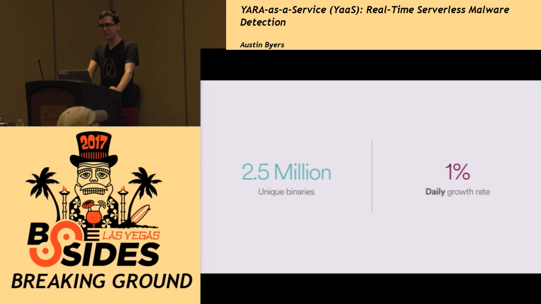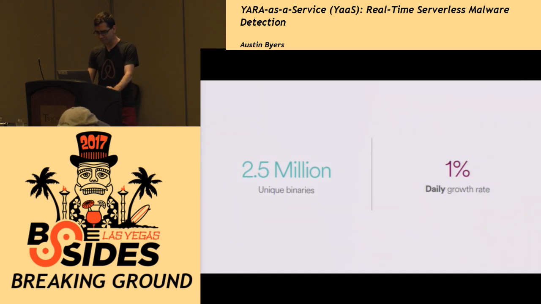So a large and exponentially growing base of files presents a large attack surface, and we need a way to analyze all of those. What we'd like to be able to do is detect if any of these are malware. Every single binary is a chance for an attacker to gain a foothold. And so we'd like to analyze all of these.